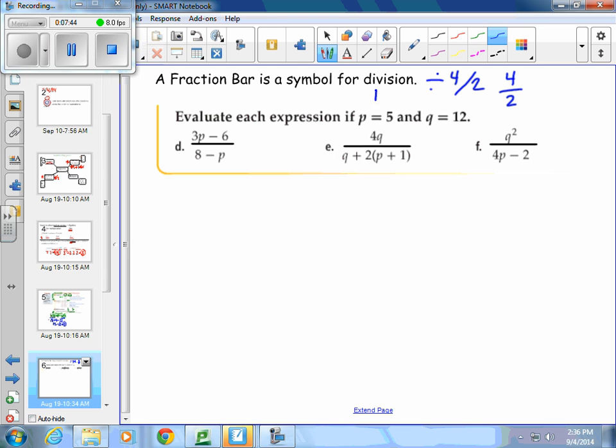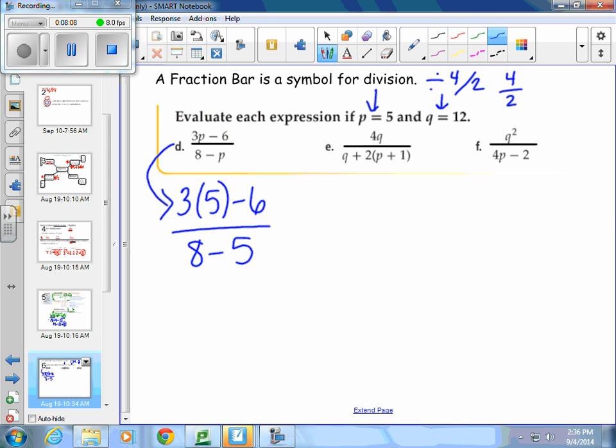This time P equals 5 and Q equals 12. So I'm going to rewrite D, putting in my P and my Q. So we have 3 times 5 minus 6 over 8 minus 5.